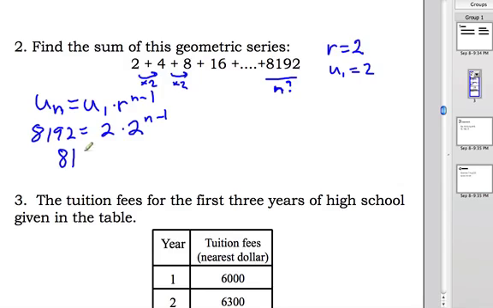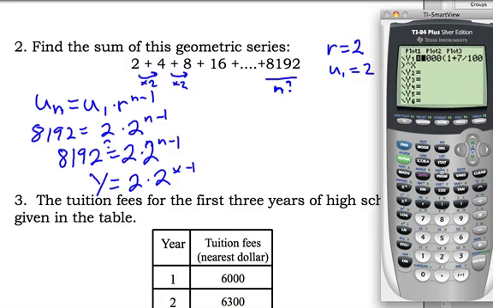So when does 8192 equal 2 times 2 to the power of n minus 1? We're going to use our graphing calculator and type in the function y equals 2 times 2 to the power of x minus 1 and figure out when it equals 8192.